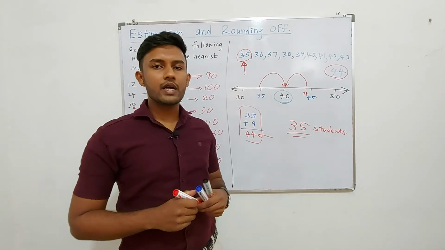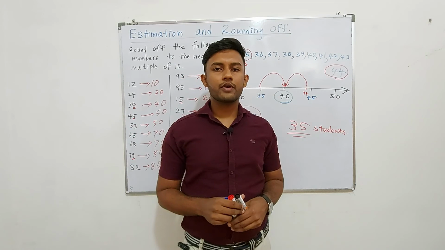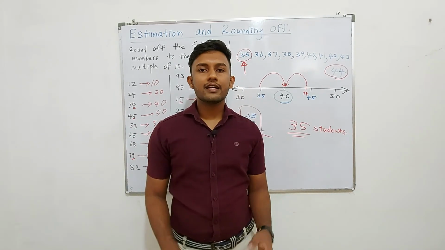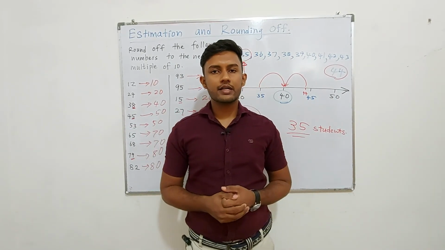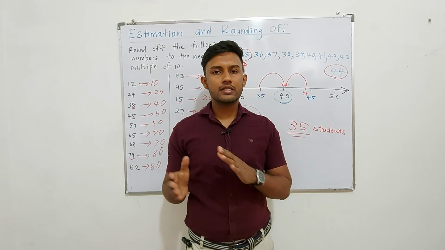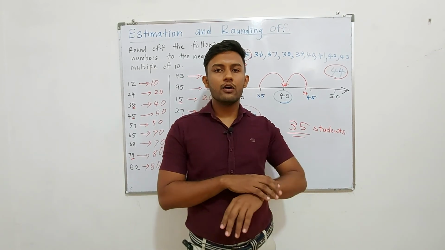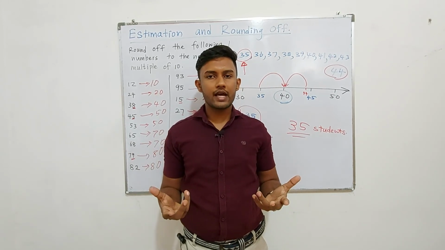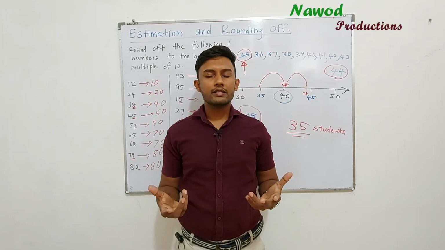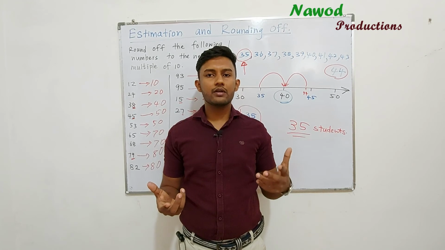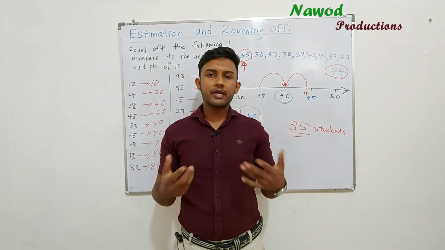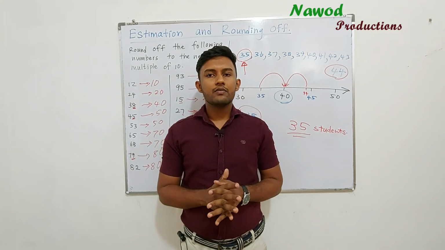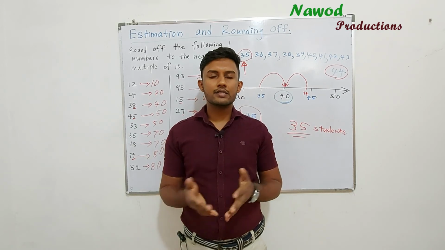Likewise, we can obtain the rounding off questions one by one. Then dear students, I think you have got a clear understanding about this estimation and rounding off. Normally estimation means if we cannot count exactly the number of things or objects, we can do the estimation and find the value to the nearest answer.